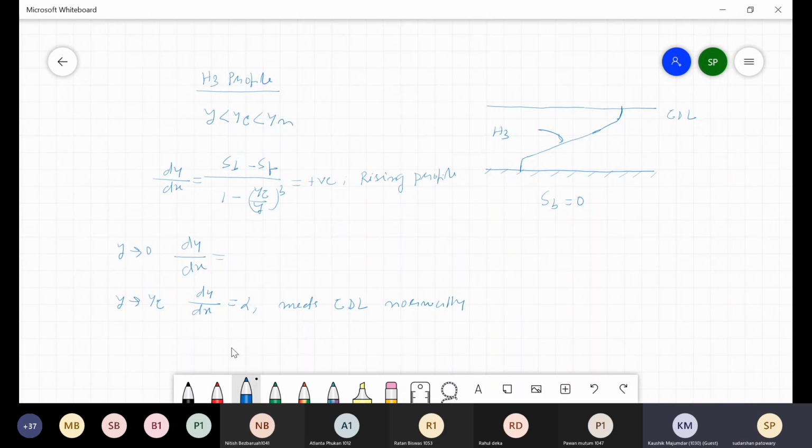Yes, undefined. So if it is undefined, then you just make a dotted line. Okay, so just correct it. When y is equal to 0, then dy by dx is undefined. Clear?